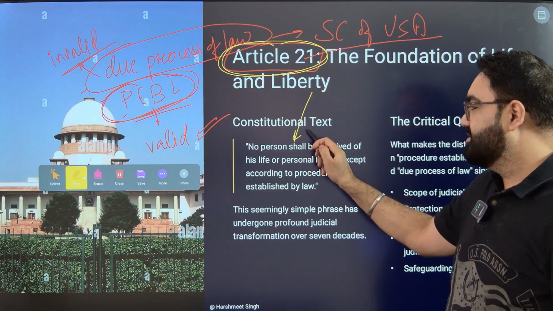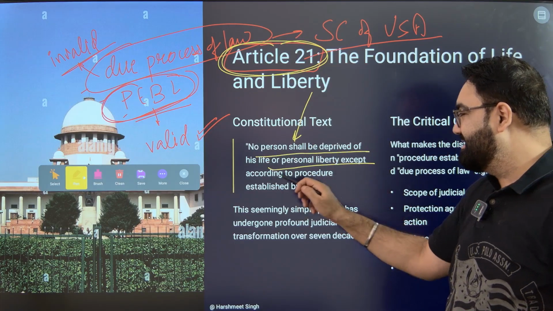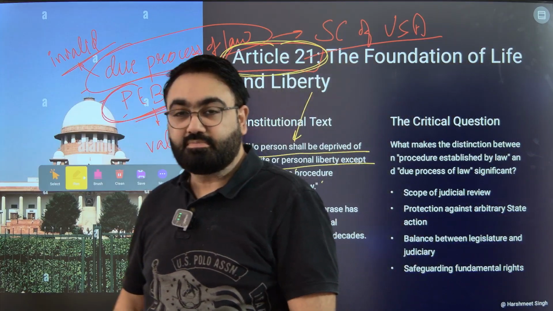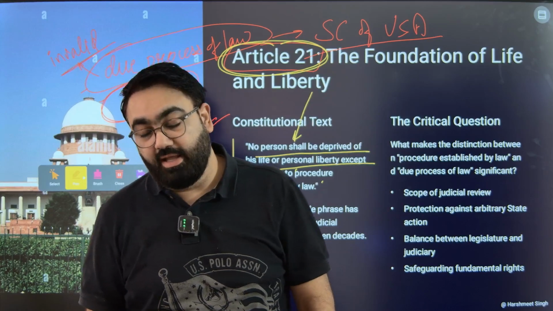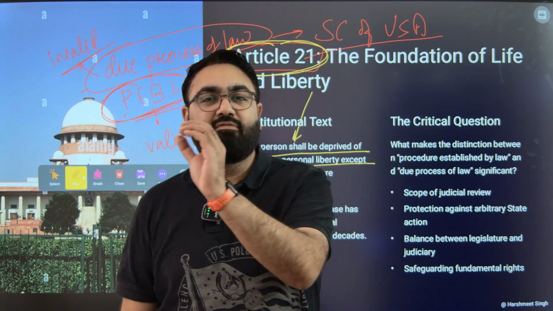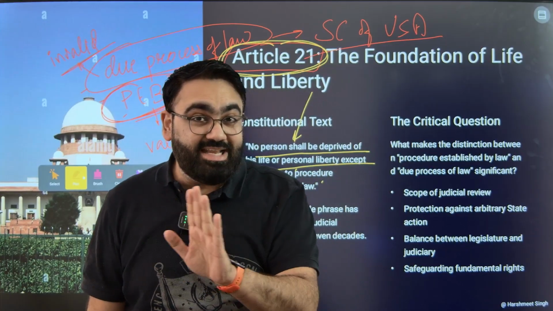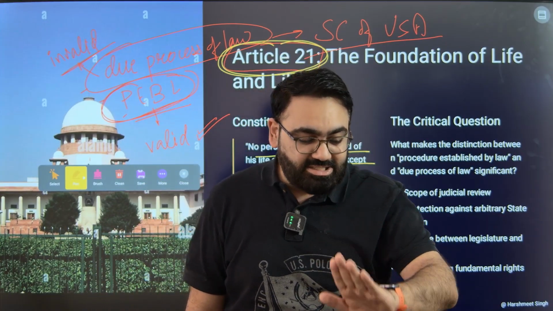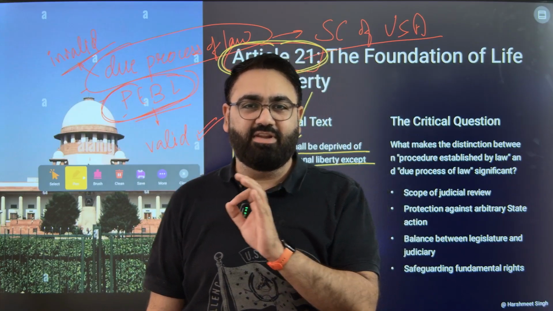Article 21 says: no person shall be deprived of his life or personal liberty except under procedure established by law. Meaning, if the state wants to take away your life or personal liberty, they can, but only with the procedure established by law. They are not saying that the law may not be unfair; even that is fine. As long as the law is as per the procedure established, life can be taken away.